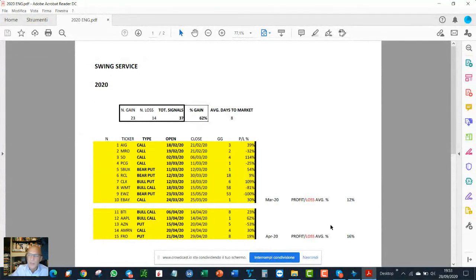One good strategy that we use for managing the loss is the stochastic that I just explained. When we have the cross of the stochastics, we just close the position no matter what the profit or the loss is. So this eliminates any personal judgment in the position.